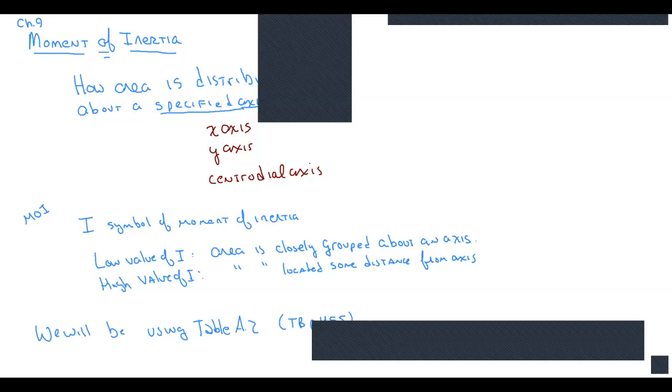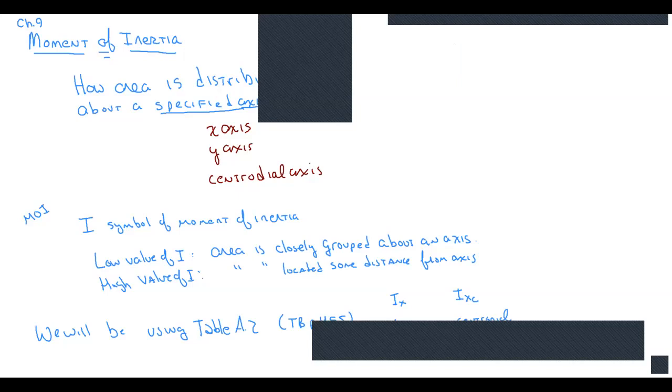The two columns that we see in our book are Ix. So this is about the x-axis. If we're asked to find the moment of inertia about the x-axis, we're using the Ix column. There's another column there, Ixc, and this is about the centroidal x-axis.